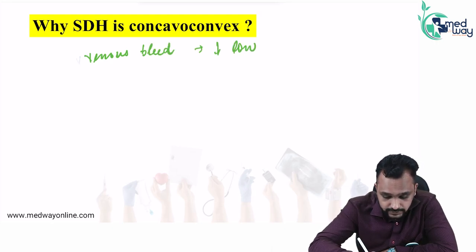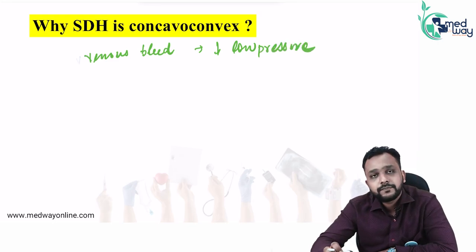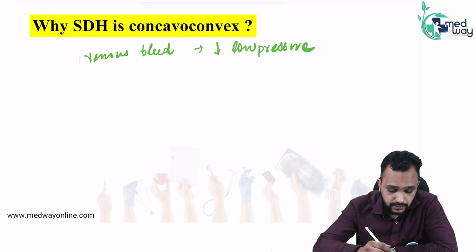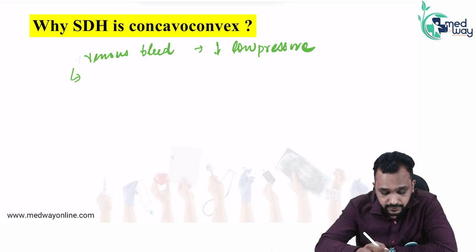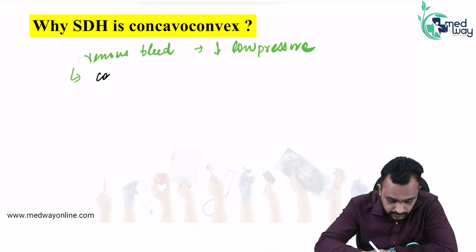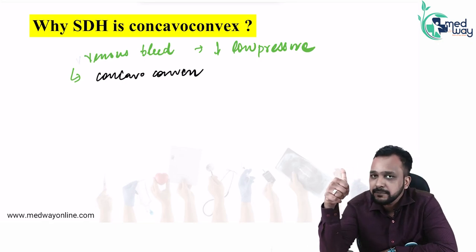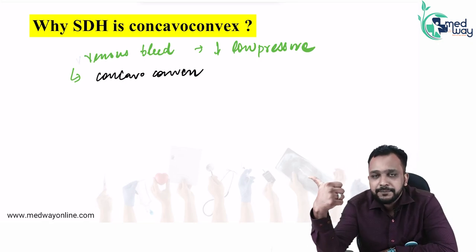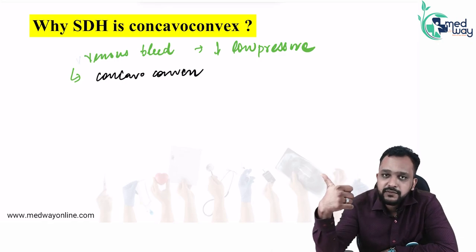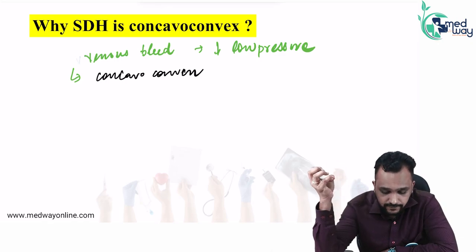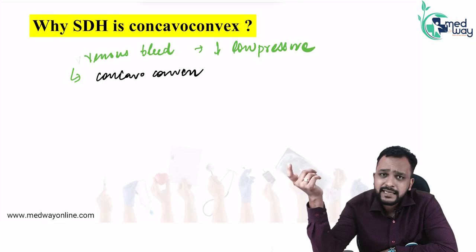Because of the low pressure, the shape of the bleed becomes concavo-convex. So these are all important points: cortical bridging veins, old age patients, alcoholic patients, concavo-convex shape bleed, right? And the patient can present with headache, right?